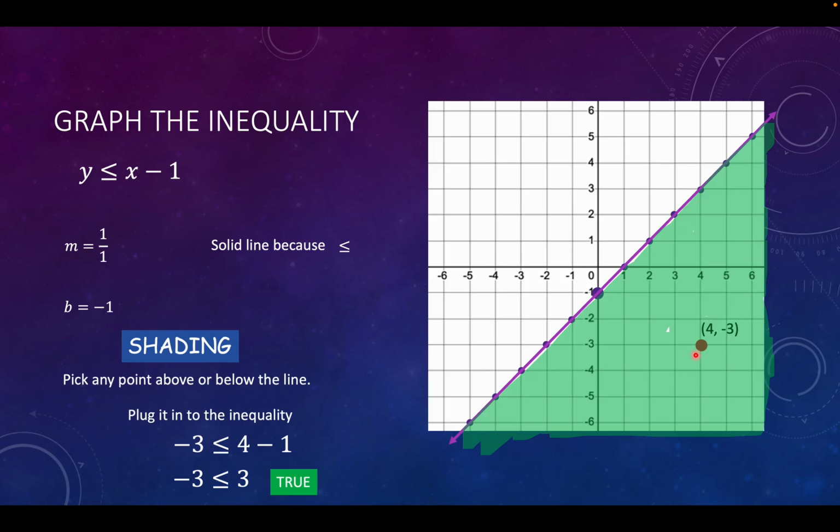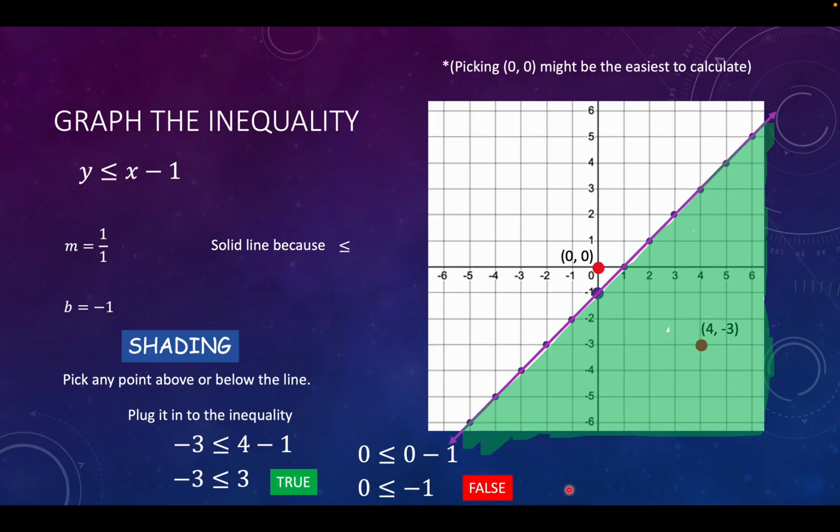Now, I just want to point something out here. Sometimes picking 0, 0 might be the easiest to calculate because you don't have to do a whole lot of calculation. If you were to plug in the point 0, 0 into this, here's what it would look like. We'd have 0 and 0 minus 1. Well, that would just leave us with whatever number is going to be here. So we'd have 0 is less than or equal to negative 1.